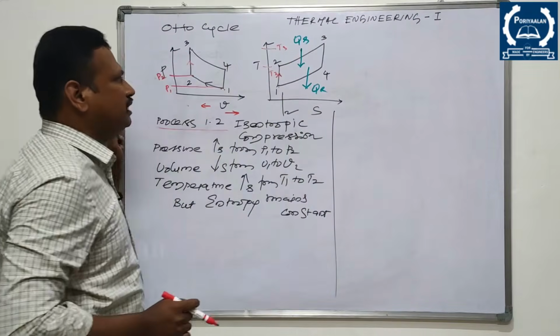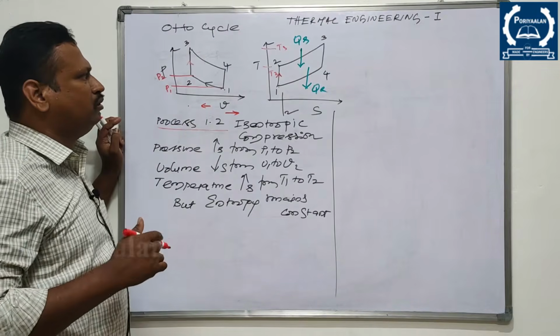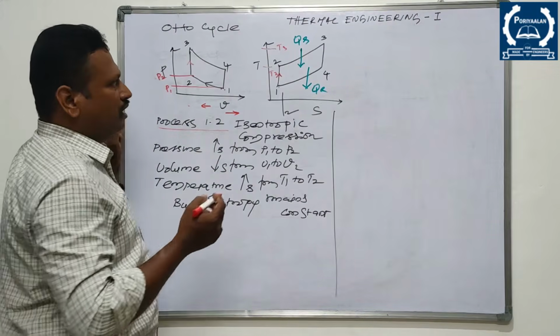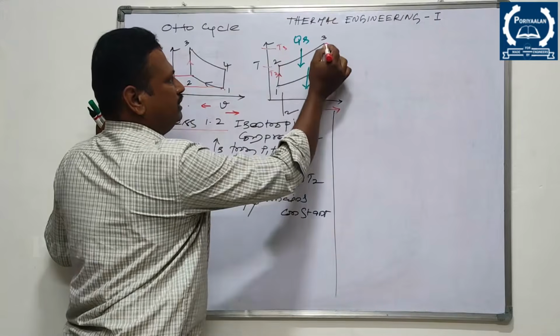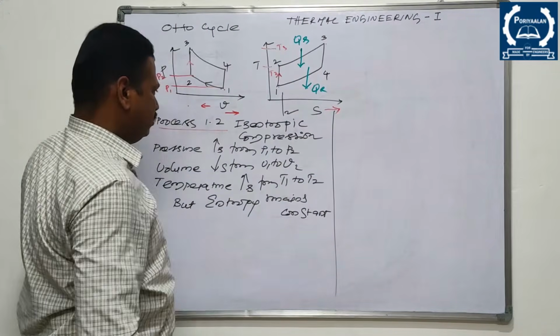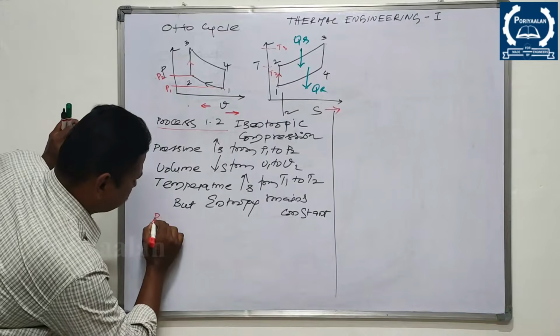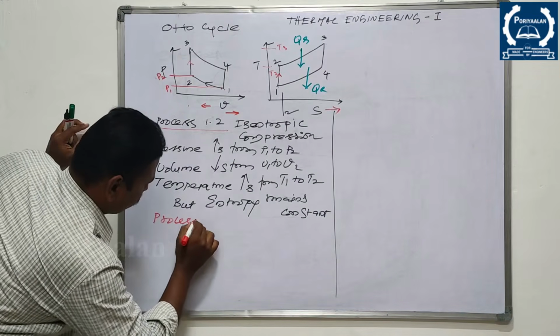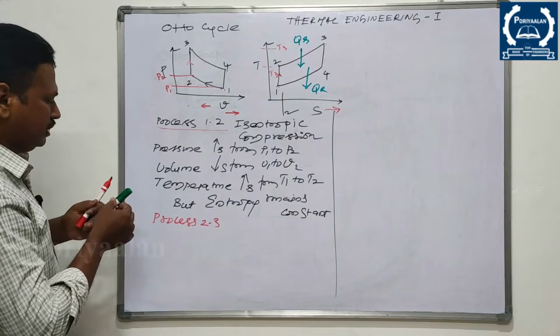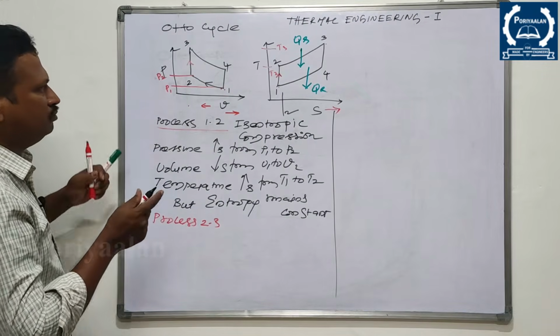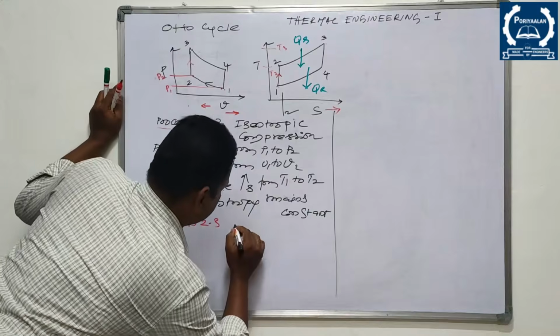So temperature increases from T2 to T3, right? At the same time, entropy also increases from S2 to S3, right? So the name of the process, 2 to 3, is constant volume heat addition process.